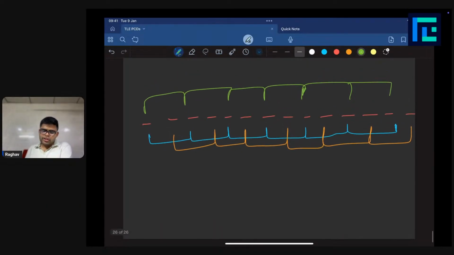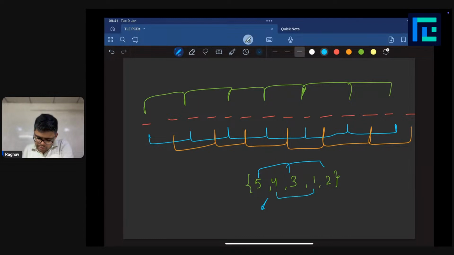Okay, let's talk about this now. What we have realized so far is that for any given array like 4, 5, 4, 3, 1, 2, you can easily tell that the final answer will look something like 2, 1, 3, 4, 5, or it would look like 2, 1, 5, 4, 3.